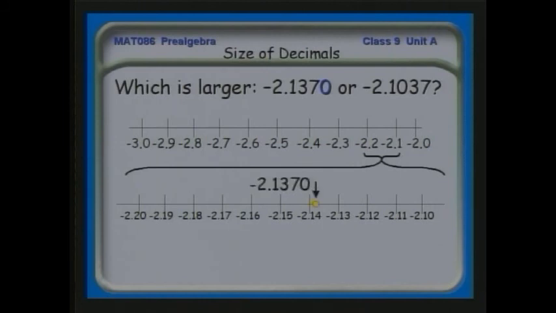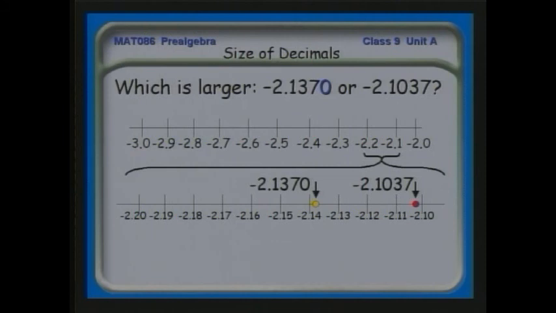If we place the numbers, there's minus 2.1370. Again, we start at the 2.13 and work to the left because it's negative. We do the same thing with the second number, starting at minus 2.1 and working to the left.